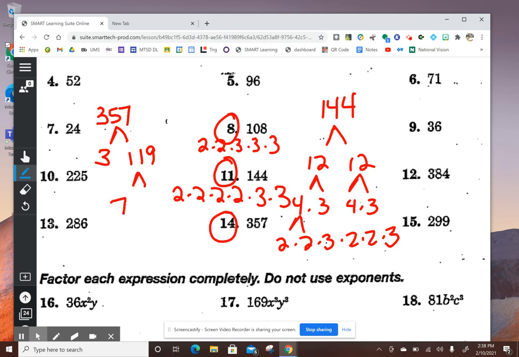Now, you always have to check for 7 and 11, those tend to be numbers we don't know by heart, but 7 times 17. So this is 3 times 7 times 17. So always check 7 and 11, see if that works. Okay, that's all we're going to do with this. So we're going to go ahead and stop the video.